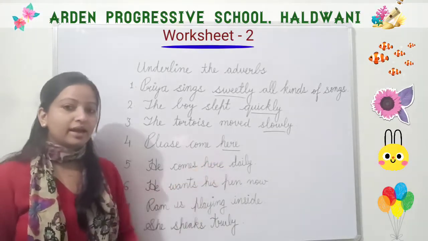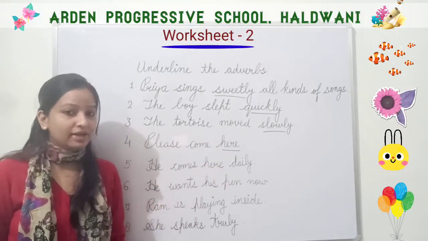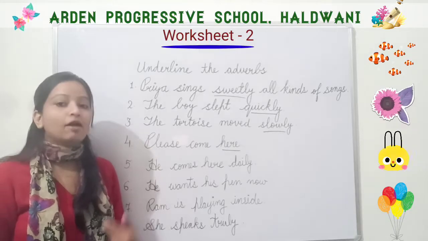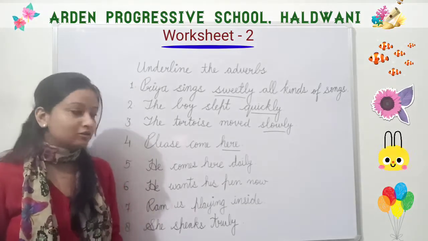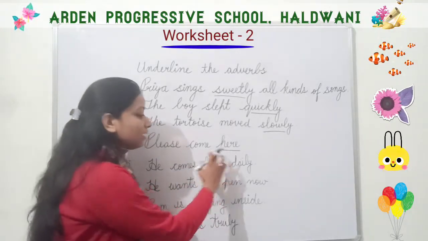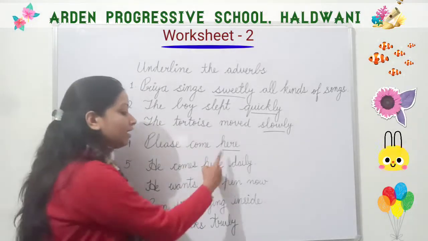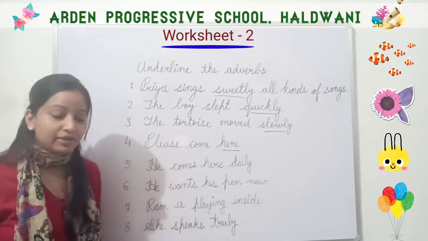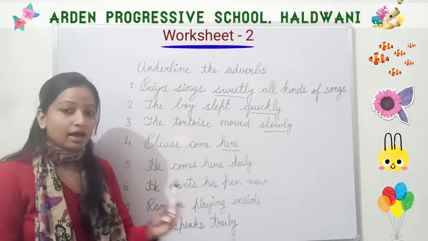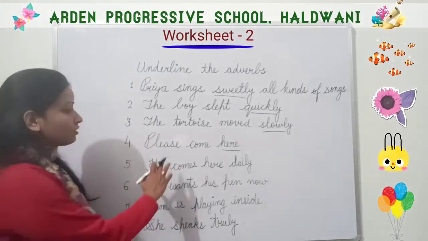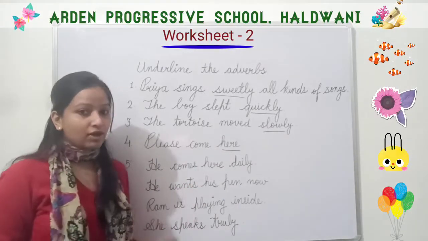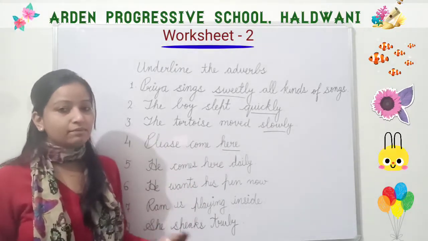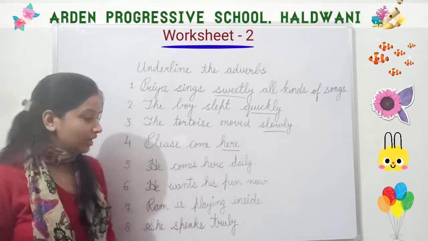We know that an adverb of place answers the question of where, meaning kahan. So please come here. Kahan aana hai? Here. Here means we are specifying a place. So it is giving us the answer of where, which means place.